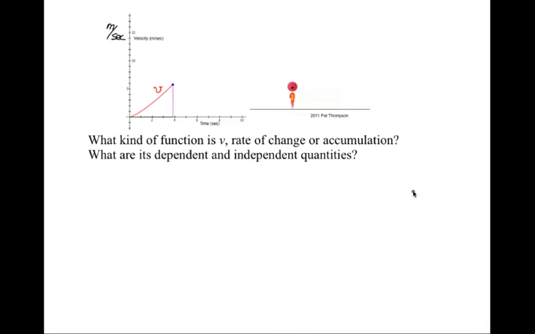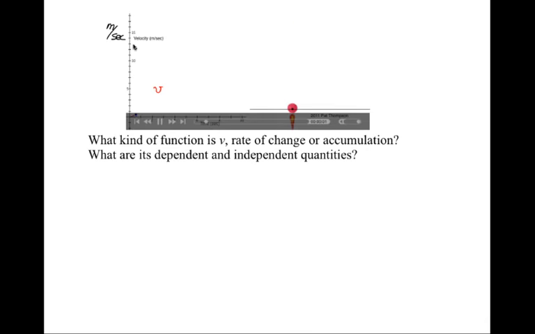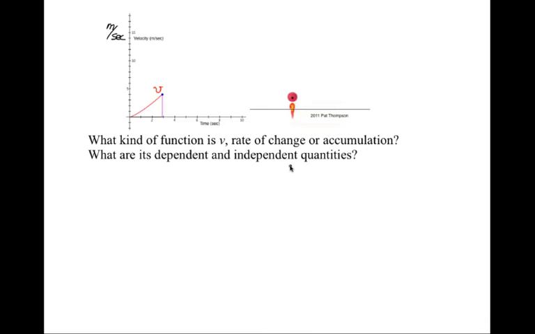Dependent is time, and what about independent? Where do we normally see independent, on the horizontal or vertical axis? Horizontal. So you had to switch, right?